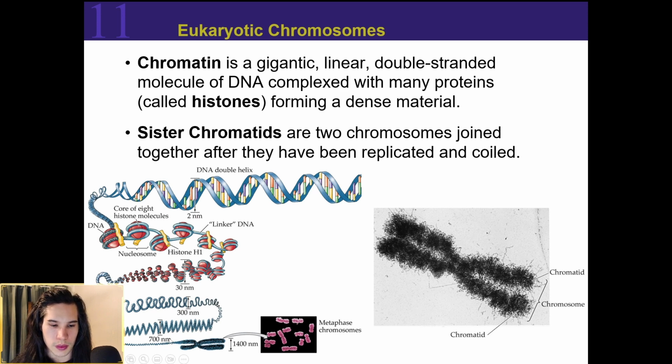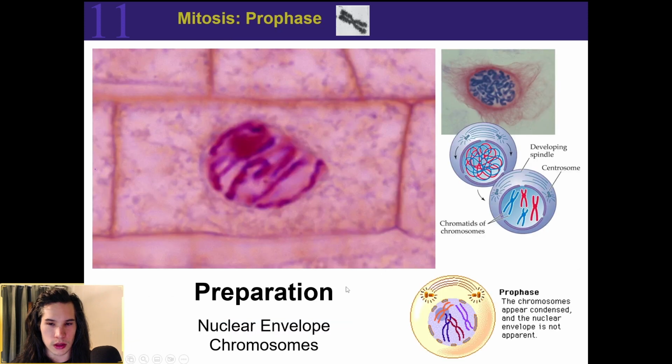Down here, this would be a depiction of a condensed chromosome during mitotic phase, whereas chromatin would be more like this during your interphase. And here it just says these are metaphase chromosomes, those bilobed condensed chromosomes.